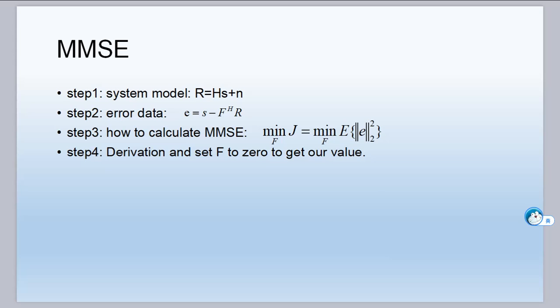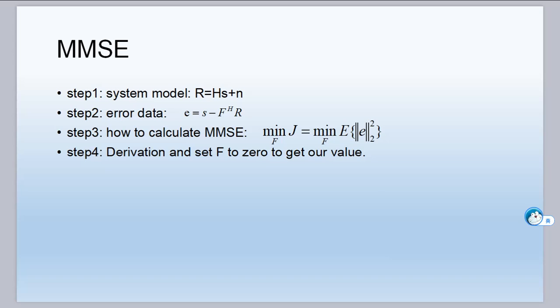So the error data is the true signal minus the estimated signal, with F as a coefficient multiplied with the received signal. As to how to calculate MMSE, this is the definition.